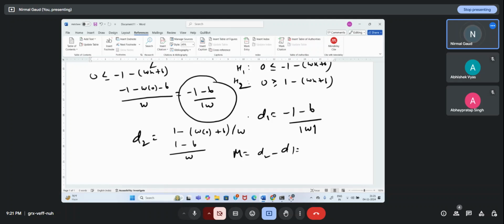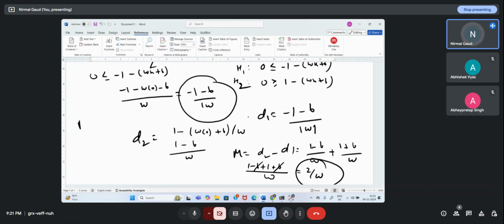So you can write like this: 1 minus b upon w minus of, let me take this minus sign here, so it will become plus, 1 plus b upon w. Let me take the LCM. In LCM I am having w, 1 minus b plus 1 plus b, the b cancels, I am getting 2 by w. So margin should be equal to 2 by w.